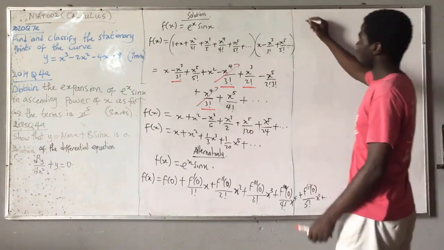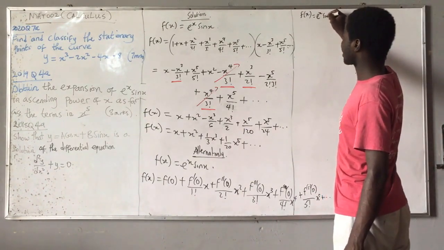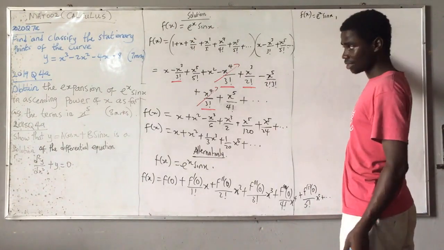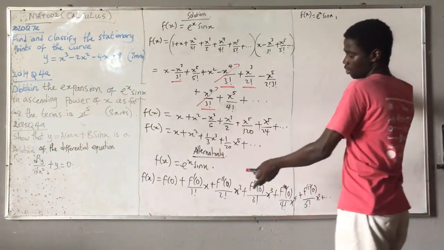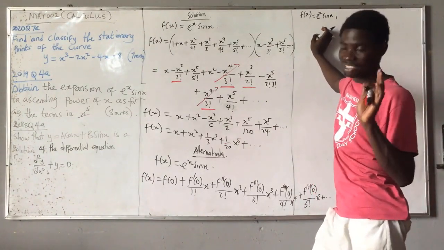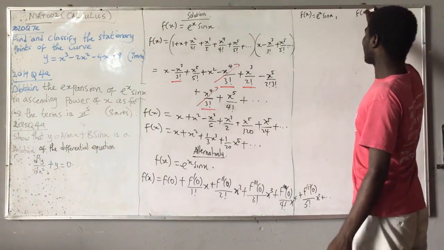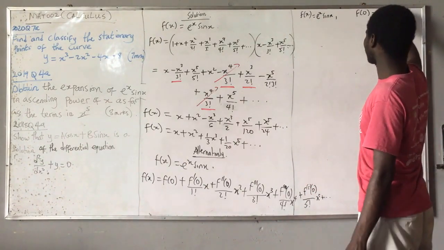So now I have f of x. You will now be differentiating e raised to power s sin s, right? And that's why it's marks. You can see it's either you do it this way or this other way. Then you have f of x. Find f of 0. f of 0 will give me, anywhere you see s put 0, e raised to power 0 sin 0.